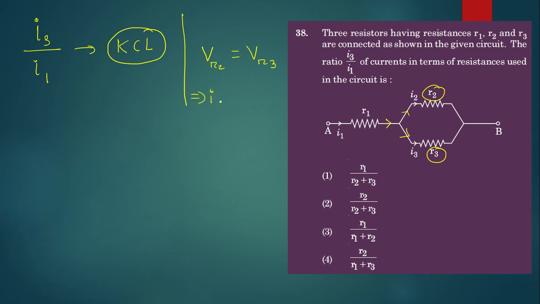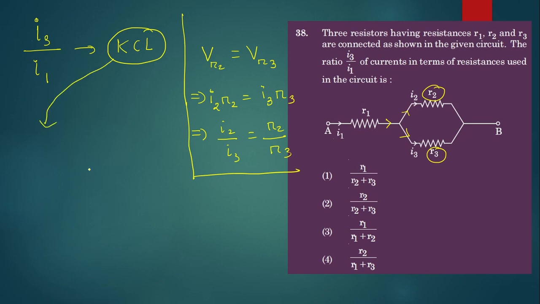According to Ohm's law, electric potential drop will be current multiplied by resistance, so I2 divided by I3 will be equal to R3 by R2. At this moment, I keep this relation as it is and I work with Kirchhoff's current law.